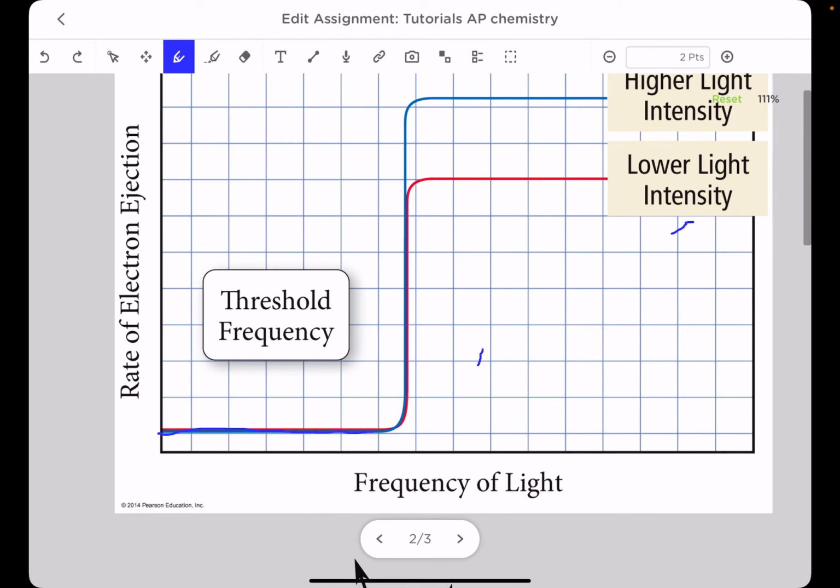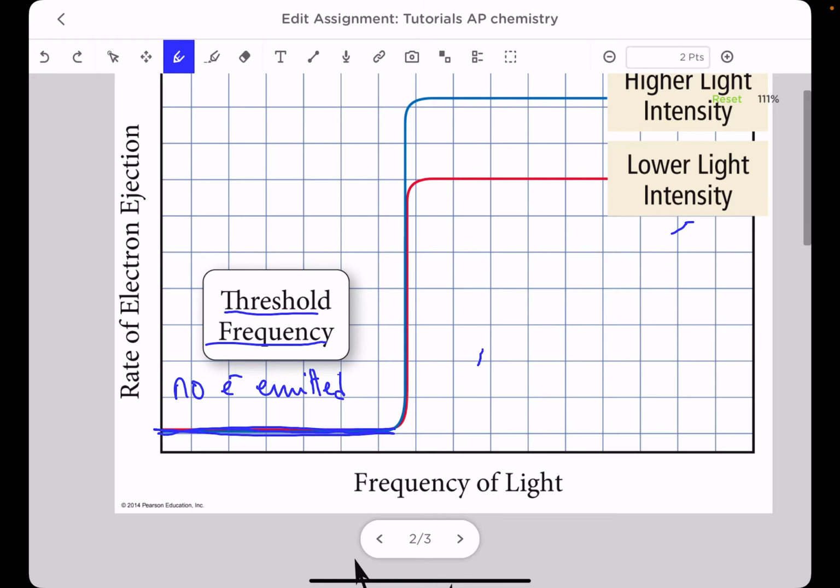Look at this line over here. We are shining light on a metal, but there are no electrons emitted, simply because this light did not meet the required energy. We call it the threshold frequency. There's a minimum amount of energy we need to overcome in order to dislodge an electron.